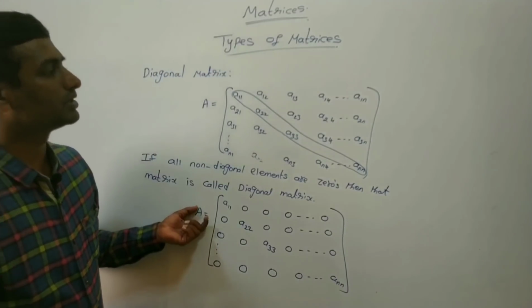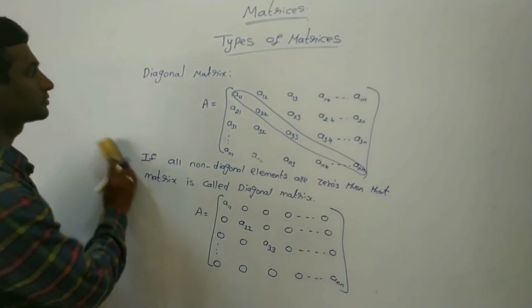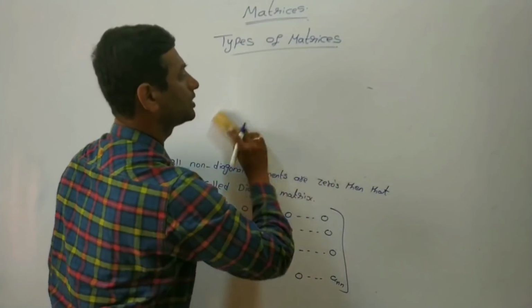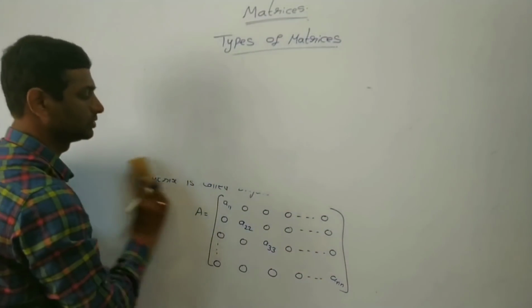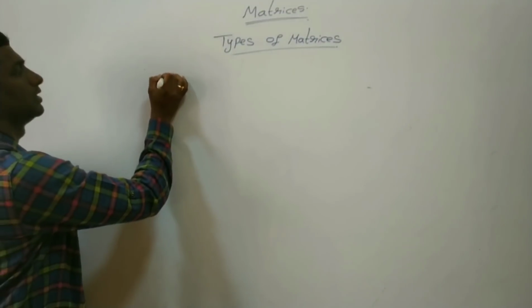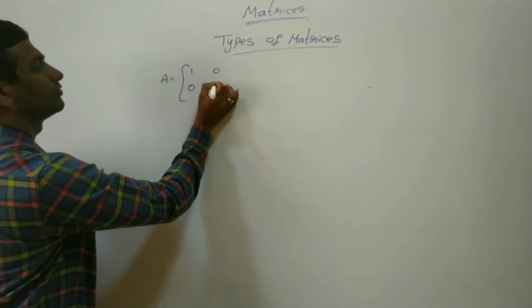So it should be a square matrix where all non-diagonal elements are 0. Now we will see examples of a diagonal matrix. A is equal to 1, 0, 0, 5.